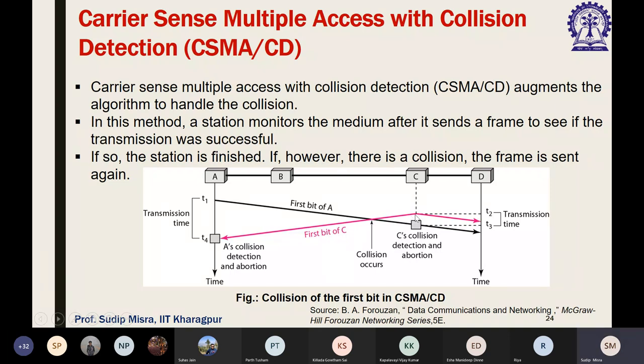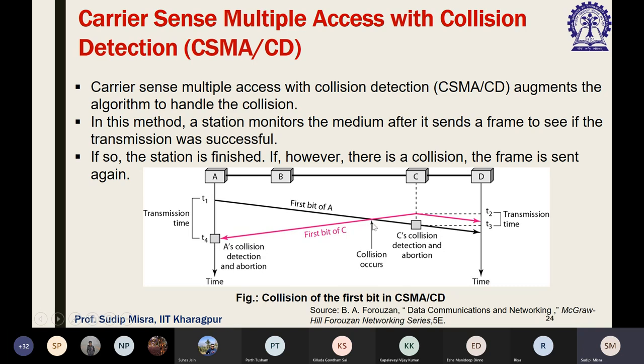But the first bit of C and the first bit of A are going to collide over here. So the collision is going to occur. This collision signal will be propagated all through, because it's the shared medium between A, B, C, and D.